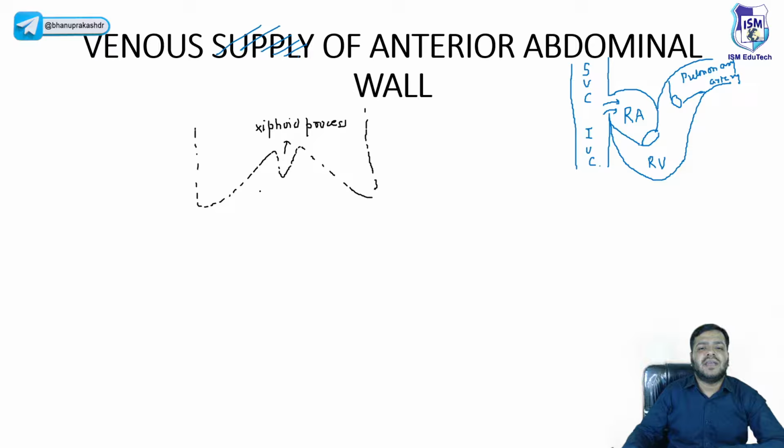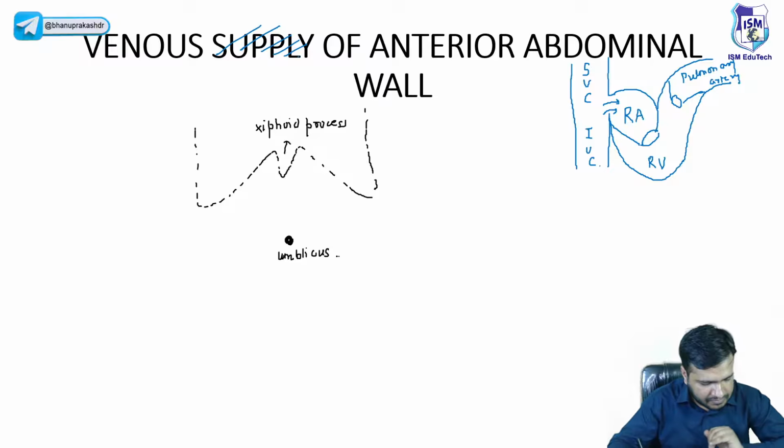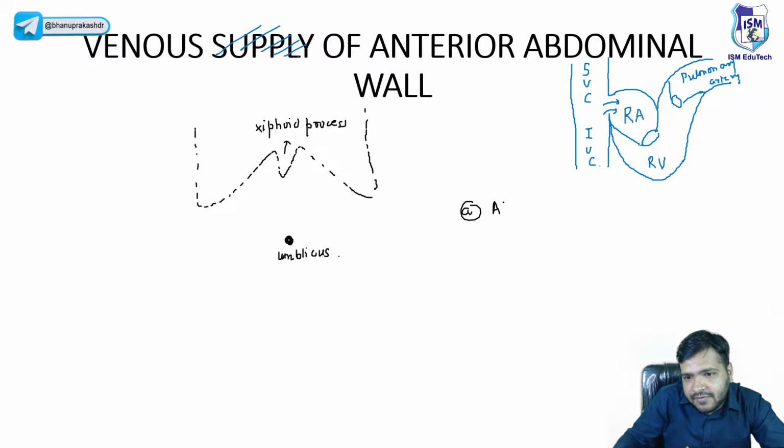And below at just the midpoint we have this umbilicus. हमारा प्यारा umbilicus है ये, right? So now guys, in the venous supply, beta, you have to remember 2 points over here. Okay, firstly, it is above the level of umbilicus.